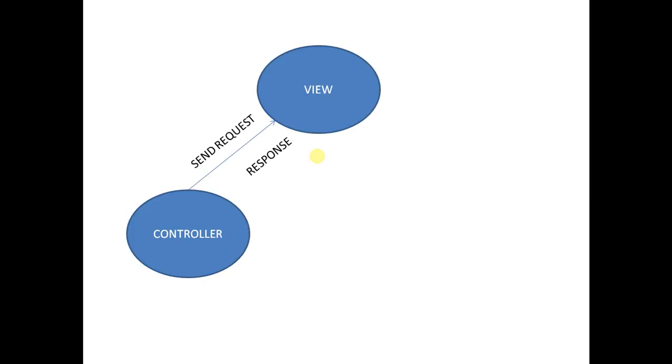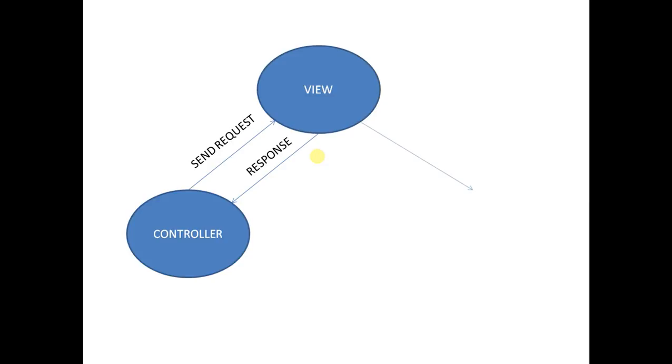So let's check how MVC works. Whenever a request comes to the server, it goes to the controller. A controller is nothing but a handler which handles the request from the client and server. Whenever a request comes for a particular controller or web page, the controller finds the appropriate view and sends a request to the view, and the view renders and responds back to the controller in the form of HTML.